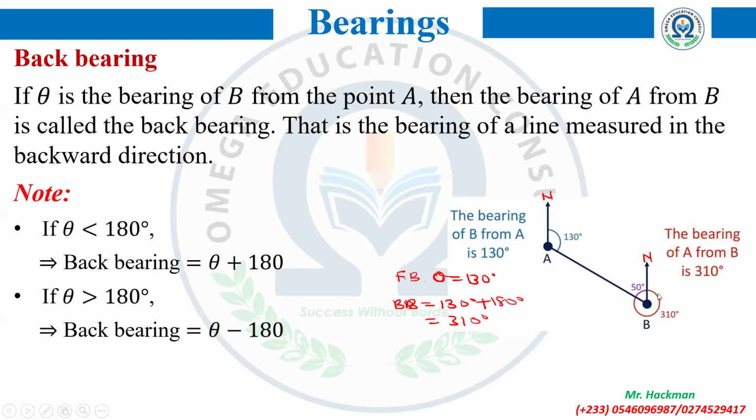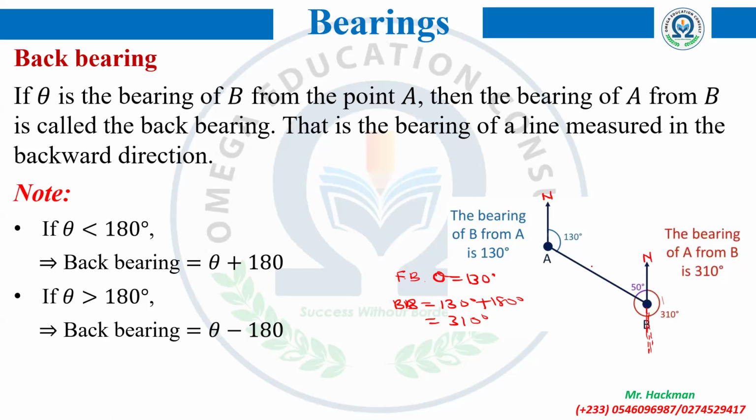And that will give me, remember, indirectly, I can do this. I'm going to extend this. If you don't know the formula and you want to use the diagram, this is how you get your back bearing. I know this is what I have. So this will be 180. Do you agree? Do you agree that from here to here will be 180? Yes, please.